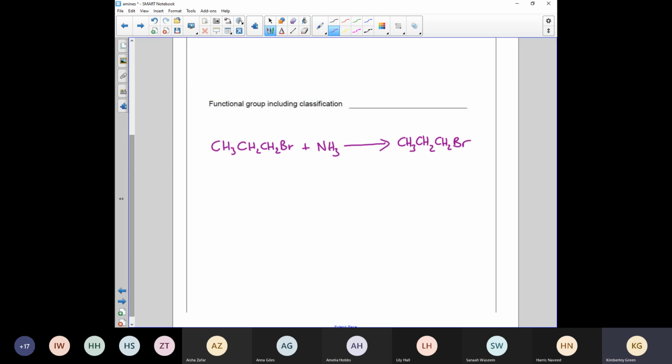Yes, I do know there's other things that we do make in this reaction, but I just want to focus on these three things because this is what it's going to be all about.